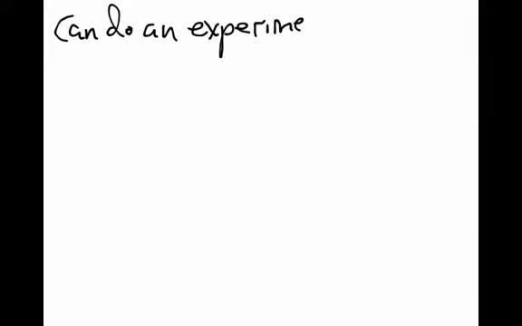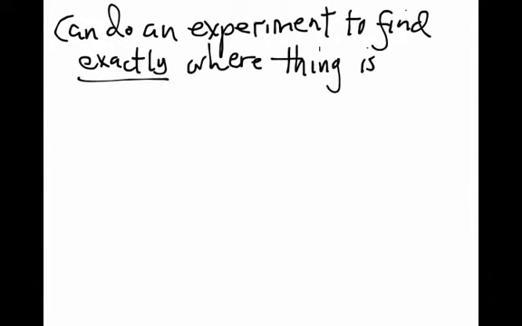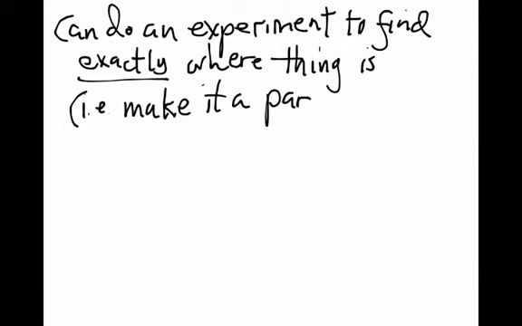And what we mean by that is the next thing we want to think about. It turns out that you can do an experiment on almost any quantum object and find out pretty precisely where that object is, or actually where it was, but that's another one of these existential deals. So let's just consider for the moment that we can find out exactly where the object, whatever it is, an electron, is in space.